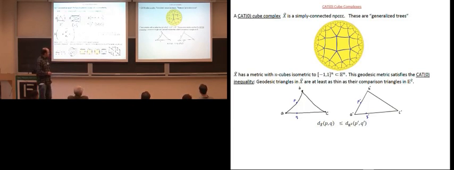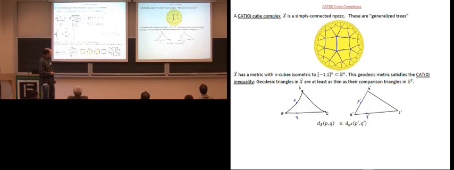It says that if you take 3 points in X tilde, and you look at a geodesic triangle, meaning a triangle formed from geodesics joining these 3 points, then that geodesic triangle is at least as thin as a Euclidean triangle with the same side lengths.